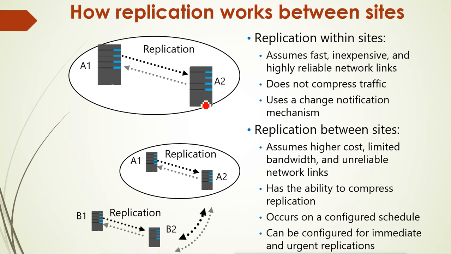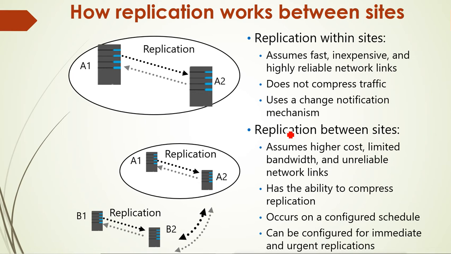So within the site, the replication happens very fast because it assumes that the network is highly reliable and fast, and it does not compress the traffic also. It is directly sending the traffic, and it uses a change notification mechanism. That means when a change happens on server A, it will notify server B, and server B then pulls the information from server A.